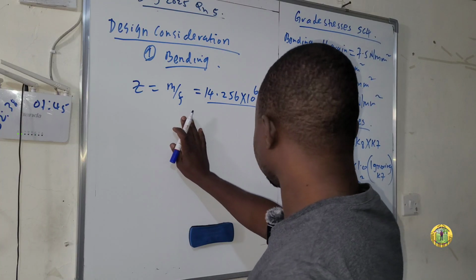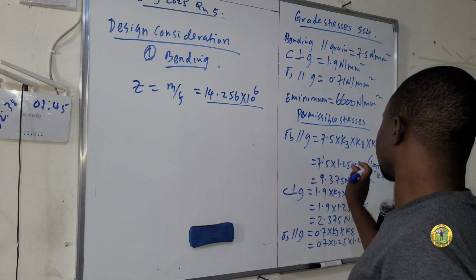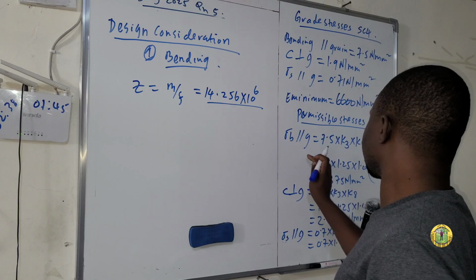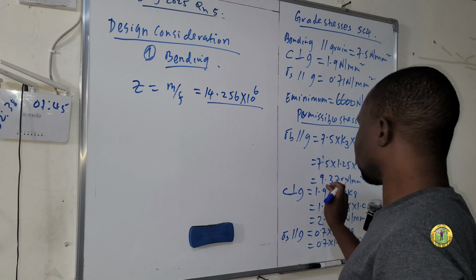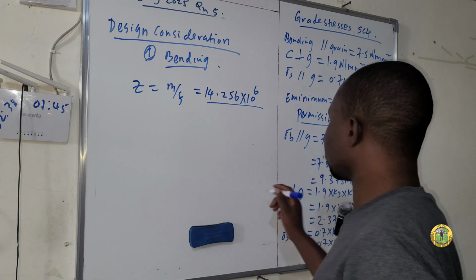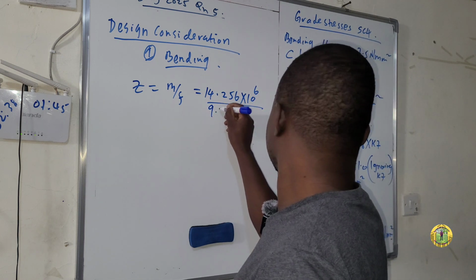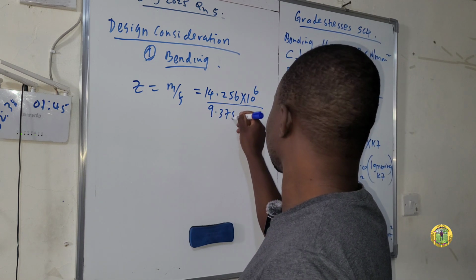So F is here. We'll use F as the bending stress parallel to grain, which is 9.375.